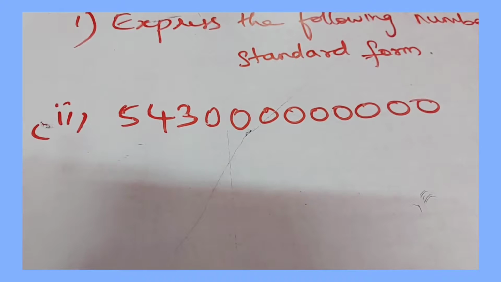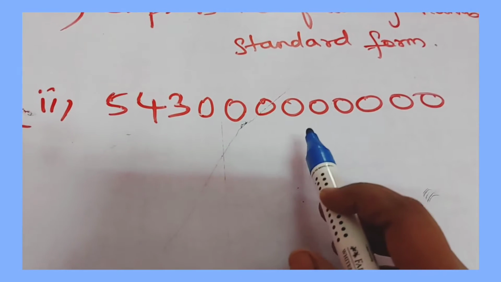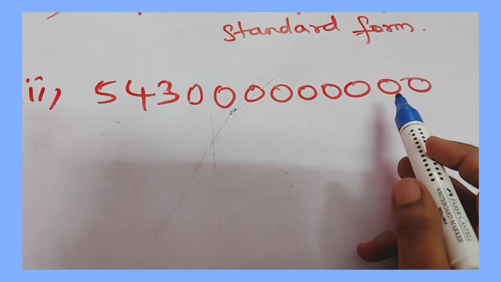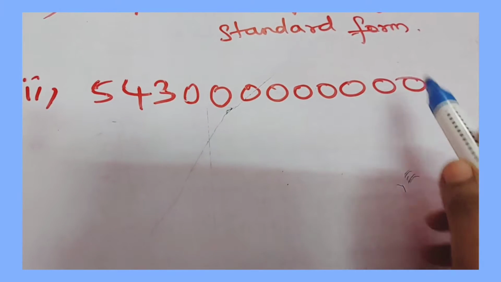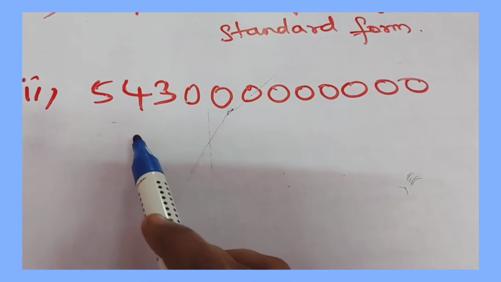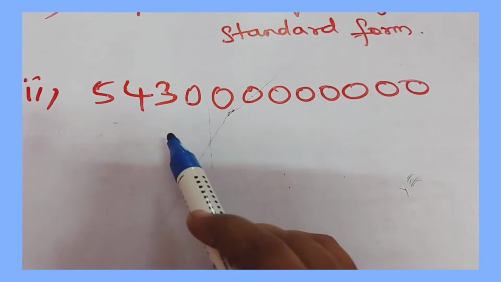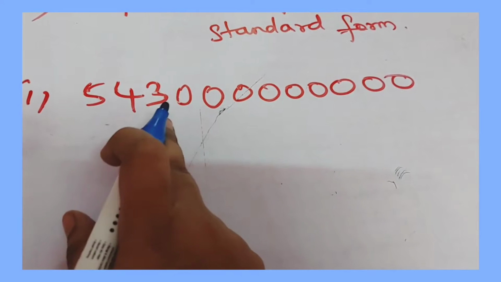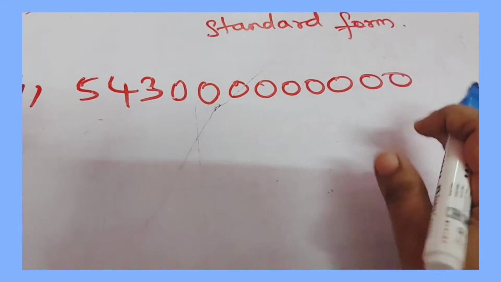Now the second one is 543 followed by zeros. 1 2 3 4 5 6 7 8 9. So 9 zeros are there. Here 0 point is not given, the number is given as it is.